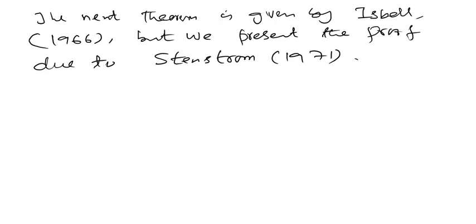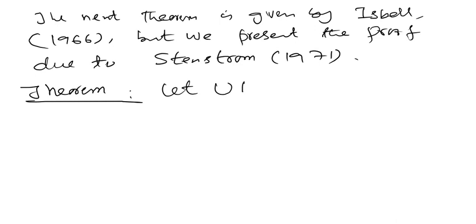Okay, so let us state the theorem first. The theorem is: let U be a submonoid of a monoid S.